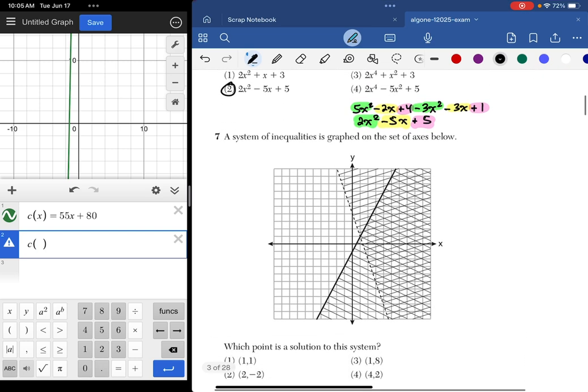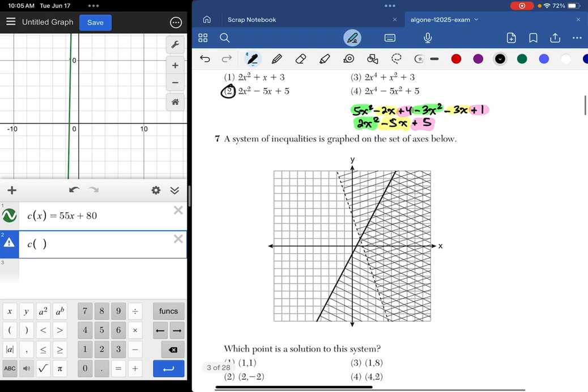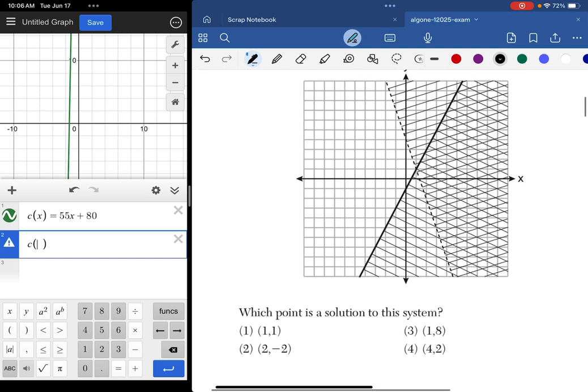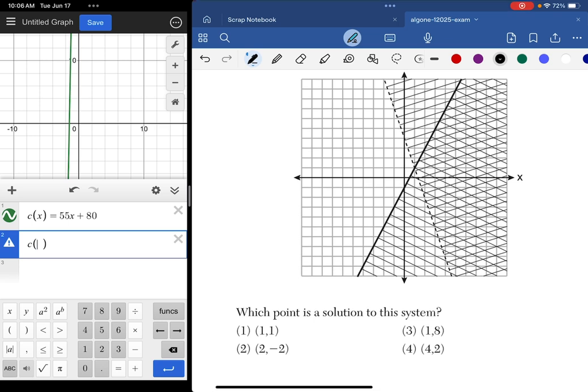For a system of inequalities, when you're looking for a solution in the system, you're looking for the part that's double shaded, all right? So when I look at my graph here, I can just kind of play it out and see which point falls in the double shaded area, right? 1, 1 plots here.